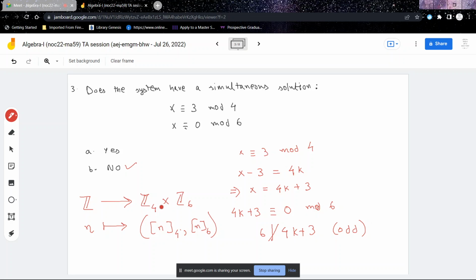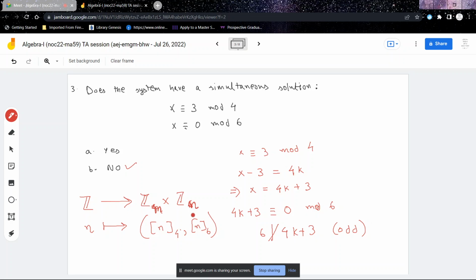It's not very surprising if you recall the Chinese remainder theorem. A special version of the theorem says that this particular map is surjective if and only if the moduli, let's call them m and n, are relatively prime to each other.